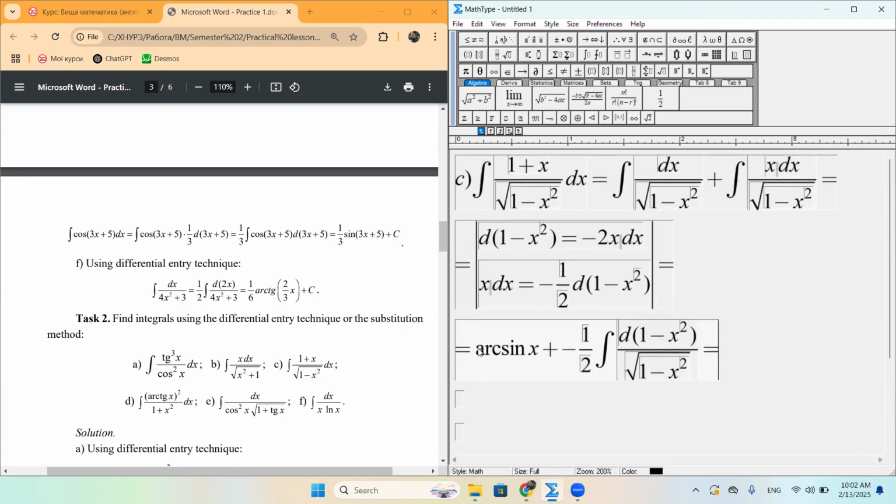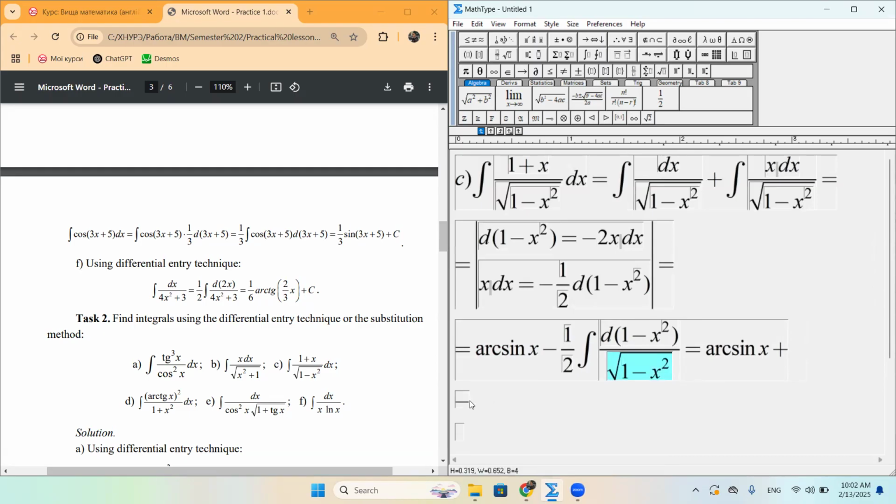So x arc sine of x remains, and minus, so we will receive 2, minus this square root of 1 minus x squared plus c. So any questions about this task?